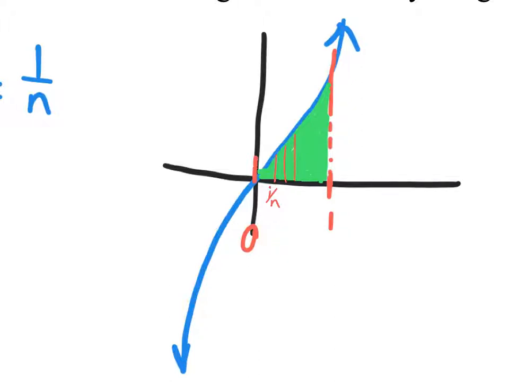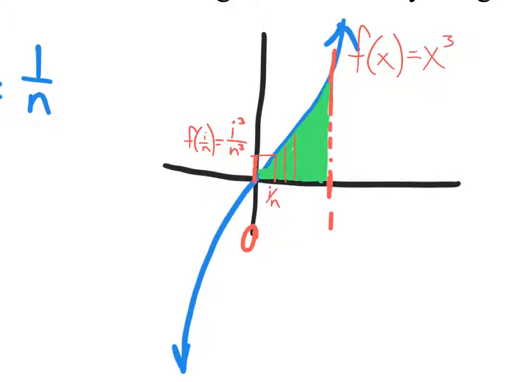So what that means is that f of i over n, since f of x equals x cubed, will be i cubed over n cubed.